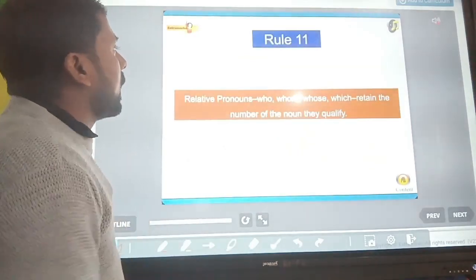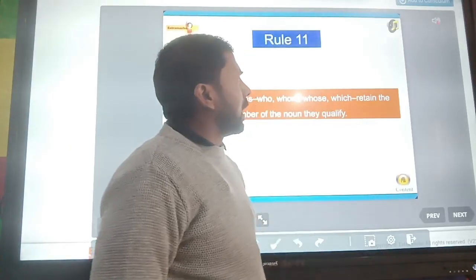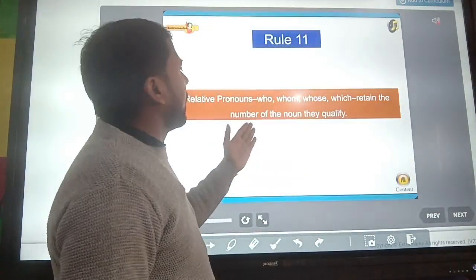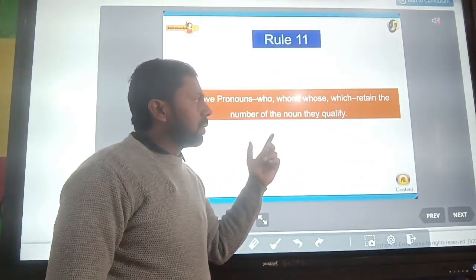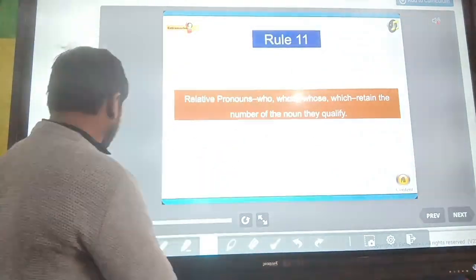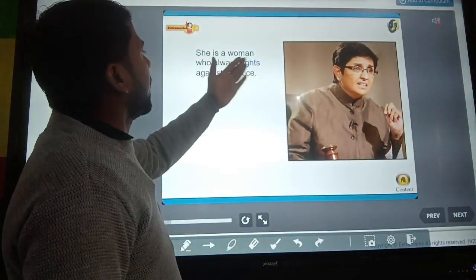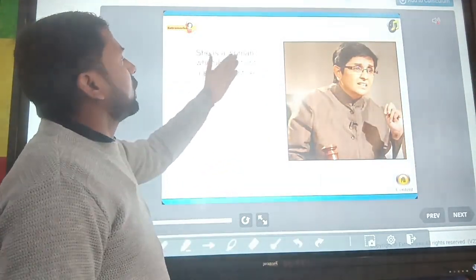Rule number 11. Relative pronouns like who, whose, which retain the number of the nouns they qualify. Like, she is a woman who always fights.